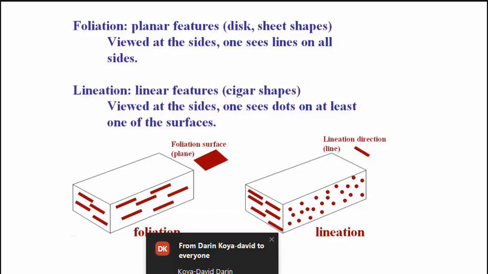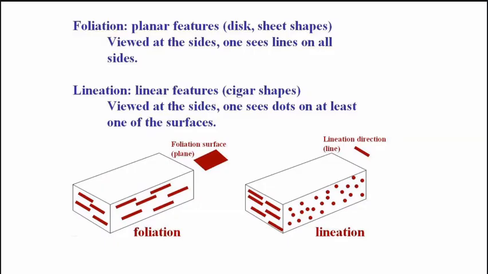Yes, ma'am. All right, thank you. You can use diagrams, whatever you can use to explain the difference between foliation and lineation. I want that as your first CA. It's going to take 10 marks. If it's taking 10 marks, we have 20 marks left.